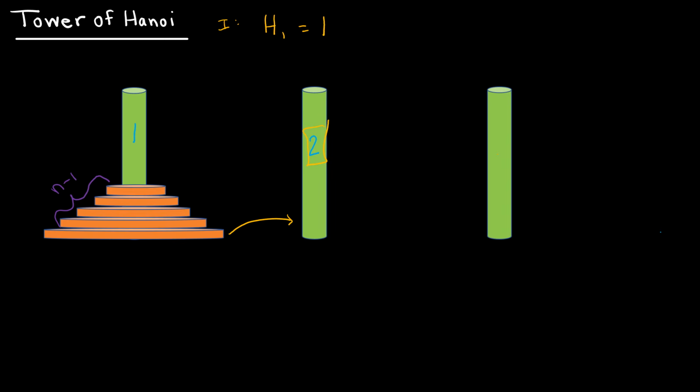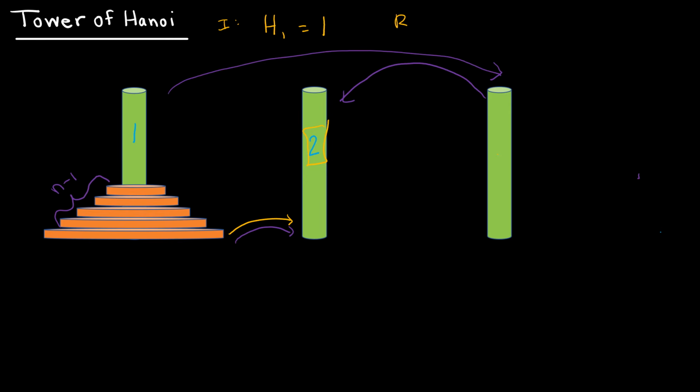And what I need to do is take these n minus 1 disks and move them over here to 3, so that I can get to this last disk to move it over to 2. And then I have to take all of those disks and move them back to 2. Now again, I'm not saying how many moves that will take. I'm just going to write this recursively.